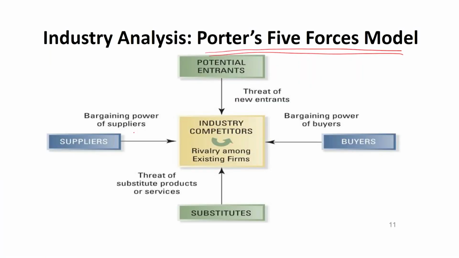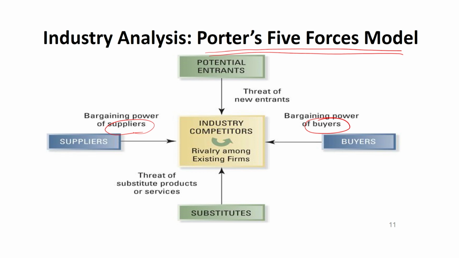So, the company is required to analyze all these 5 factors to identify whether it's an opportunity or it's a threat. A higher force is regarded as a threat because it is likely to reduce the profits of the industry. For example, if bargaining power of suppliers or bargaining power of buyers is high, it is a threat for the industry, whereas a lower force is regarded as an opportunity. And that is how we do the 5 forces model.